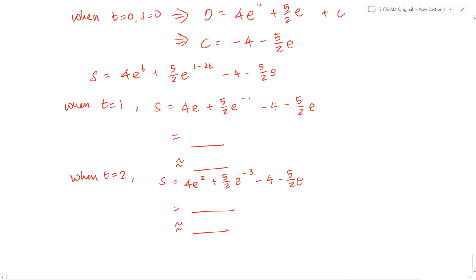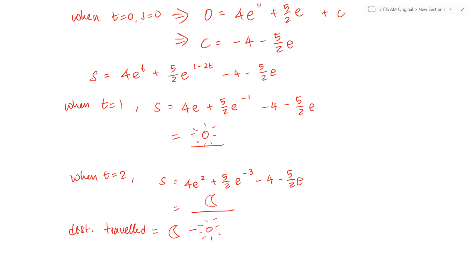No, actually I don't have to round off, because I want to subtract. So distance traveled equals whatever we have over here. Whatever your answer is for time equals 2, minus away whatever your answer is for time equals 1. And you get the answer, then round it off.